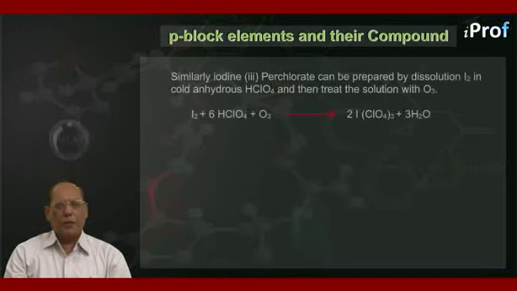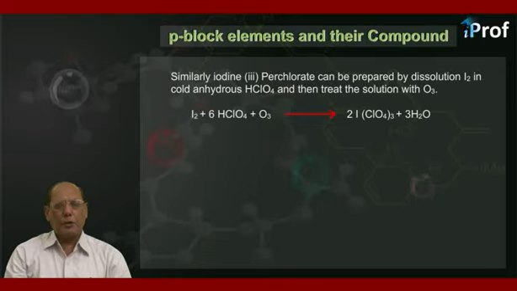Similarly, iodine triperchlorate can be prepared by dissolving iodine in cold anhydrous perchloric acid and then treating the solution with ozone. So the equation is I2 + 6HClO4 + O3 giving 2I(ClO4)3 + 3H2O.